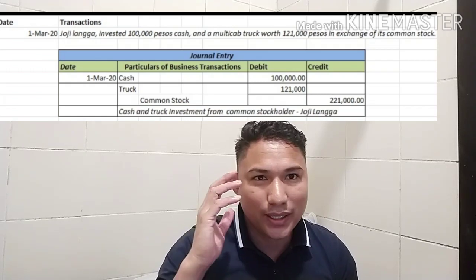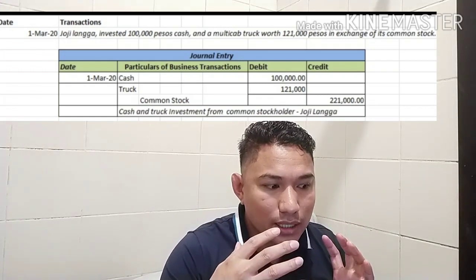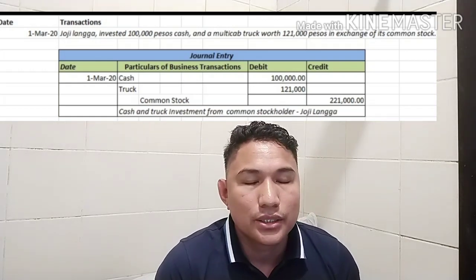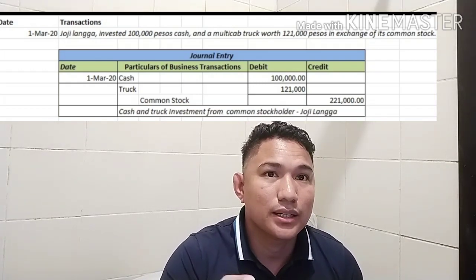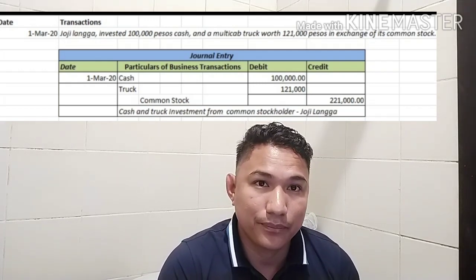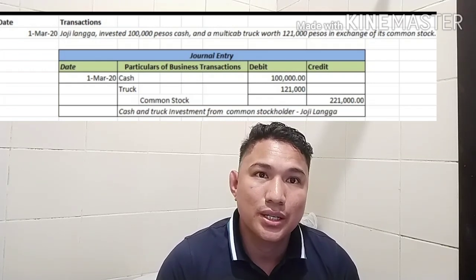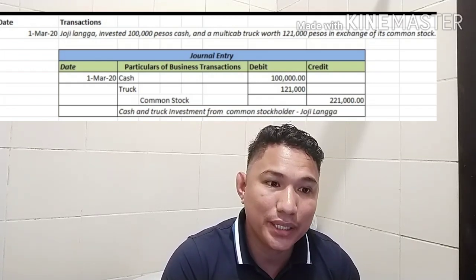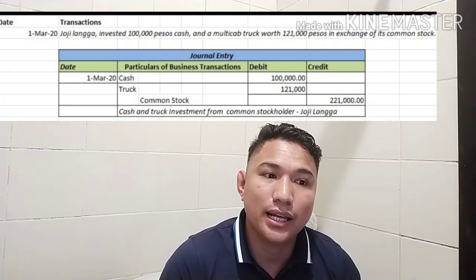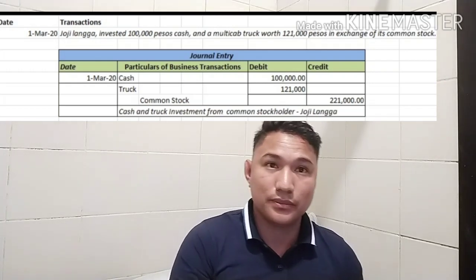Okay, you have to understand that. Let's have a small discussion. What is the transaction about? Joji Langa is a common stockholder of the company. What she did was she invested to Joji Langa Cleaning Company an amount of 100,000 and a multi-cab truck worth 121,000 pesos.